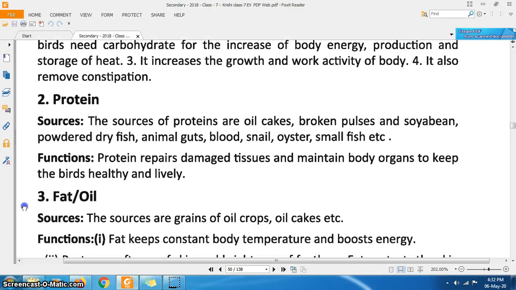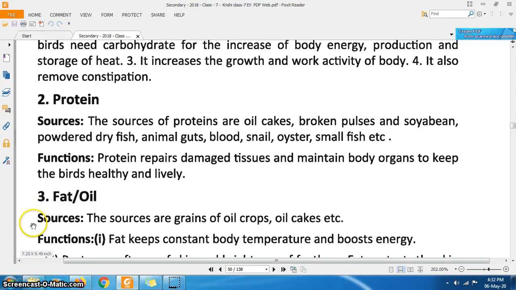The sources of protein are oil cakes, broken pulses, and soybean, powdered dry fish, animal guts, blood, snail, oyster, small fish, etc.